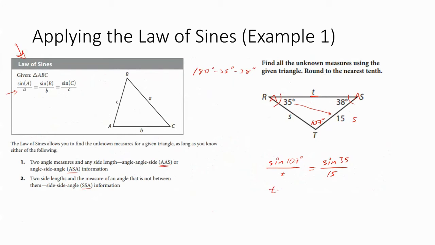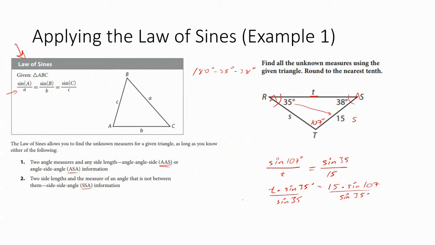You'll get t times sine of 35 degrees equaling 15 times the sine of 107 degrees. Ask the question, how do you get rid of a multiplying sine of 35 degrees? You should get division right away, but just remember what you do to one side, you have to do to the other.